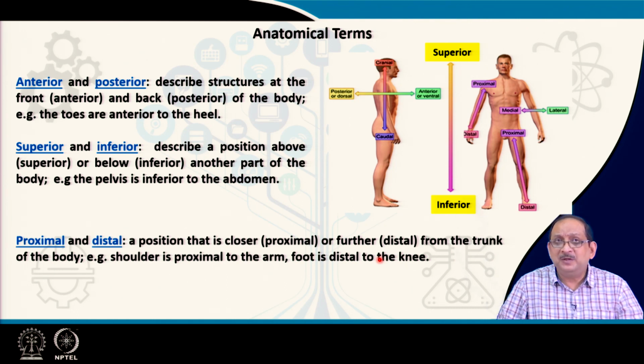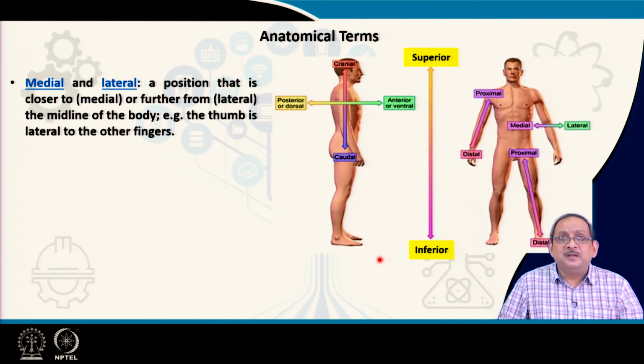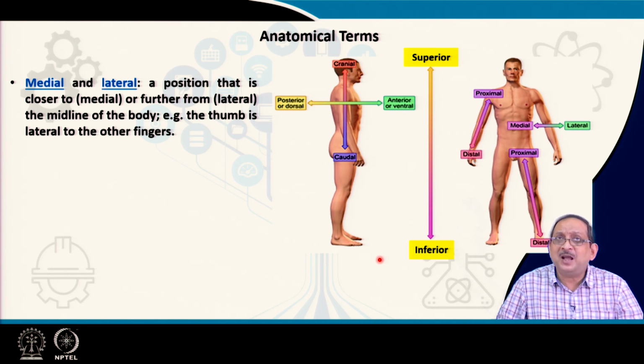So, for example, the shoulder is proximal to the arm, whereas the foot is distal to the knee. The terms medial and lateral correspond to position relative to the midline. Closer to the midline of the body is medial, and further away from the midline is lateral. For example, the thumb is lateral to the other fingers.